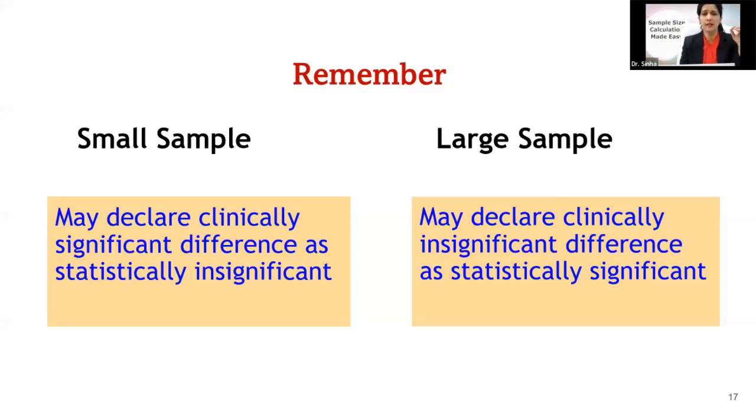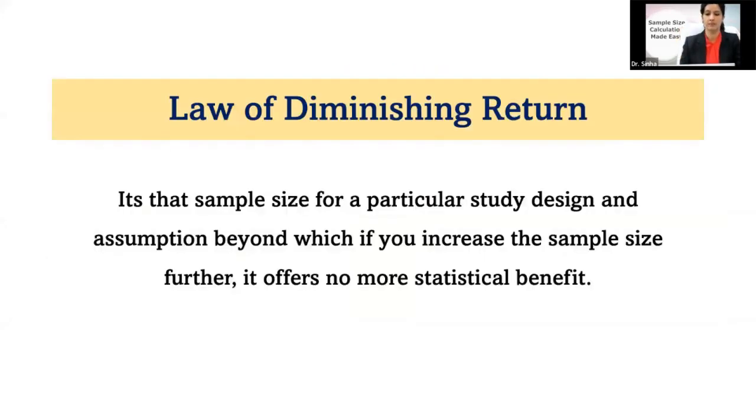But if you ponder the clinical significance, you will not be able to justify it. So that's the problem with a very large sample size. That's why you should have an adequate sample size in your study subjects, so that you can appreciate this clinical difference. Now, what is this clinically insignificant? We will see that in the next example.